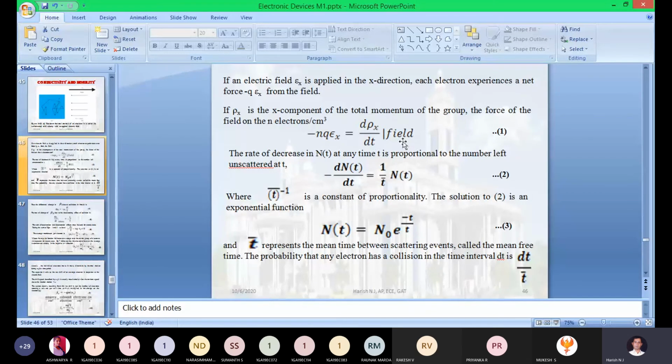Here, when you apply an electric field, there is a change in momentum with respect to time. There is a change in momentum with respect to time due to the applied electric field to n number of electrons. This is what we have designated as equation number 1.